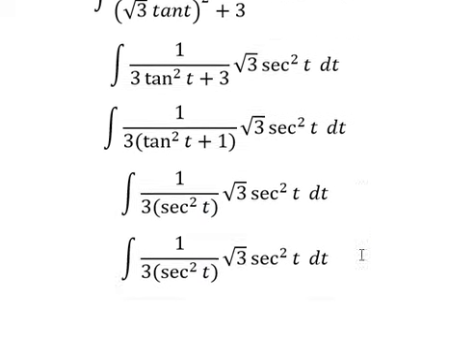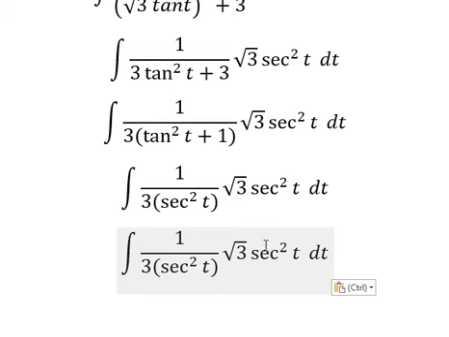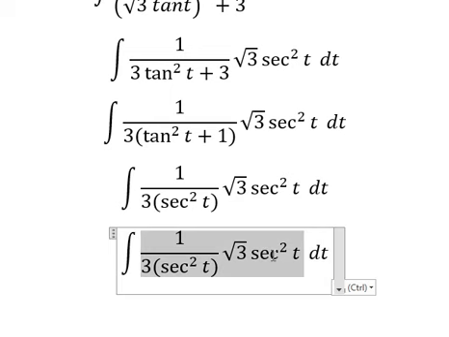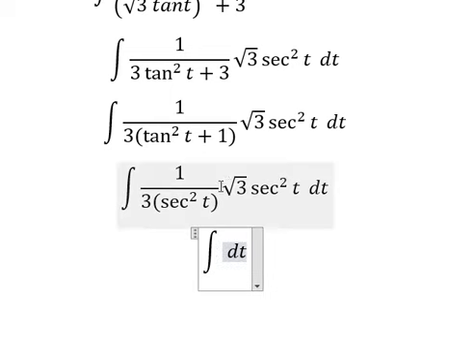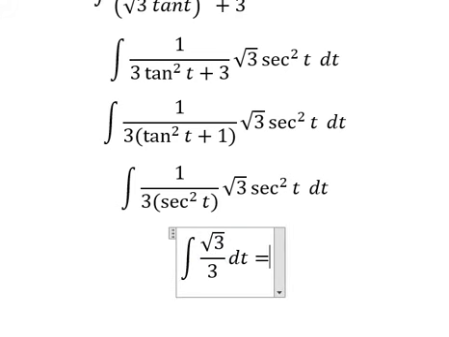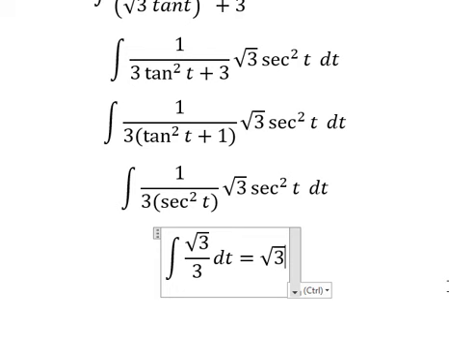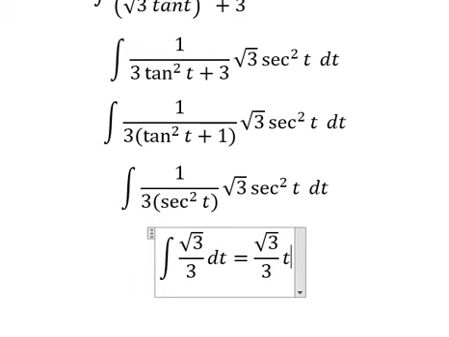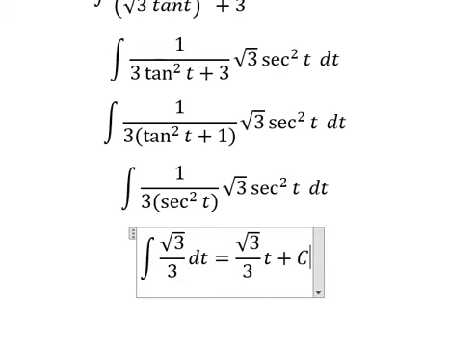Now we need to simplify secant of t square on the numerator and denominator. So we have the square root of number 3 over 3. The integration of this one, we have the square root of number 3 over 3 tan, we put t because the integration of dt, you get t, and we put c.